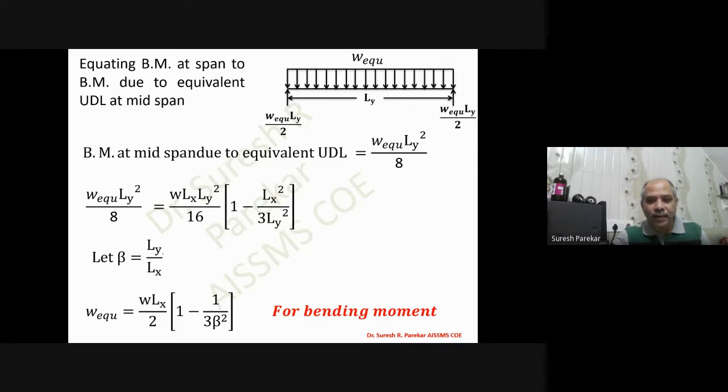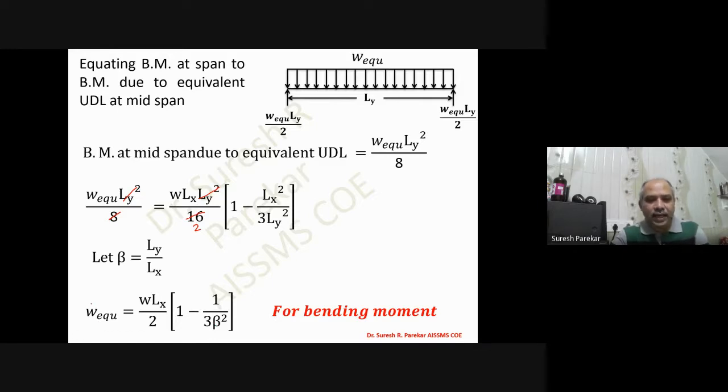This is for bending moment. This Ly square gets cancelled from both, and we get WLx by 2, as we have 8 to the 16. Substituting Ly by Lx as beta, we get 1 minus 1 upon 3 beta square. This is for bending moment.